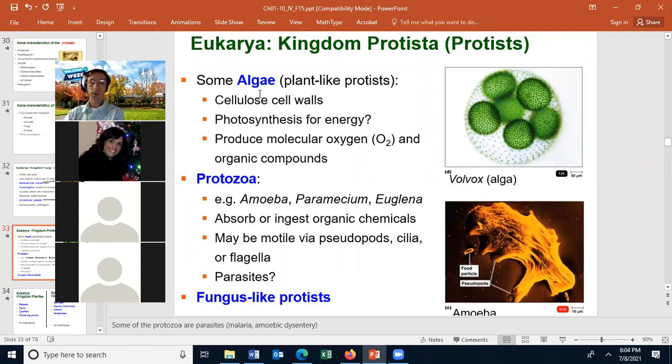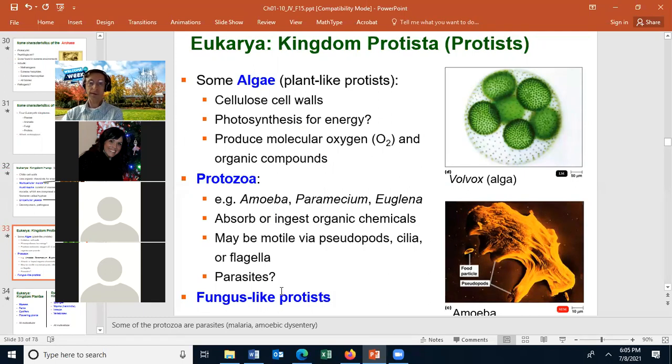The algae, which are plant-like protists, the protozoa, which are animal-like protists, and then there is a third category, the fungus-like protists. So the different protists can look like and act like a plant, an animal, or they can act like a fungus.